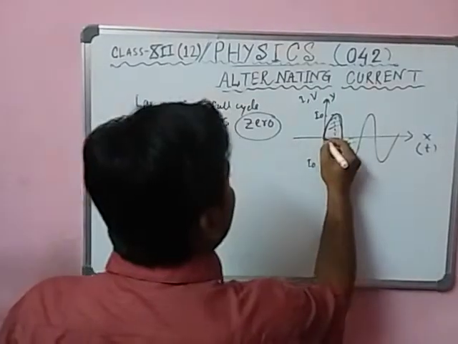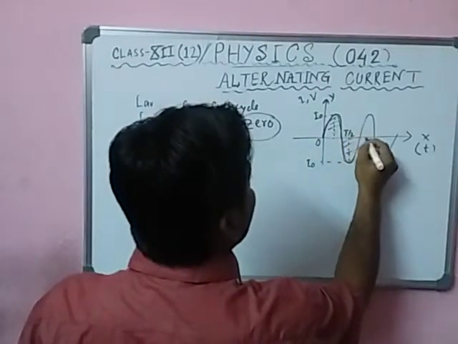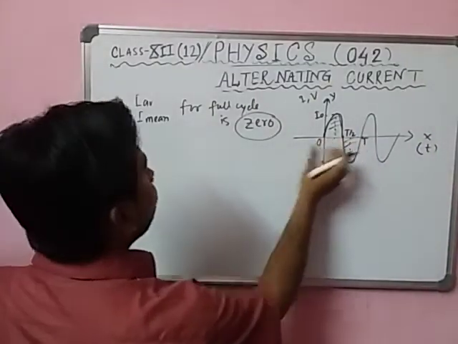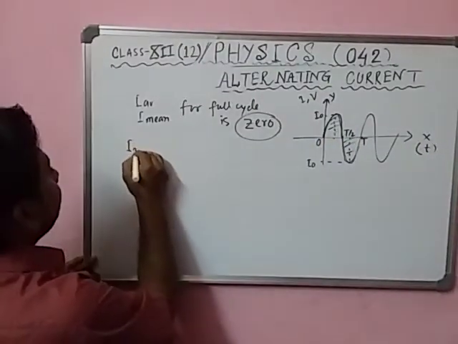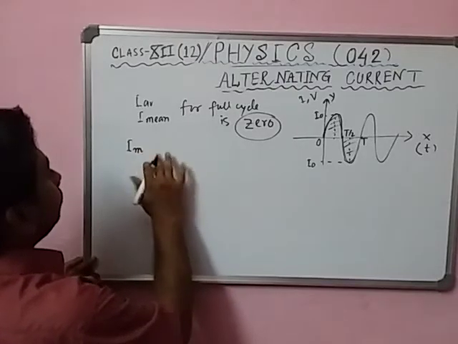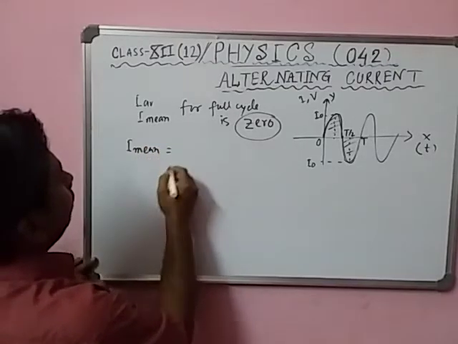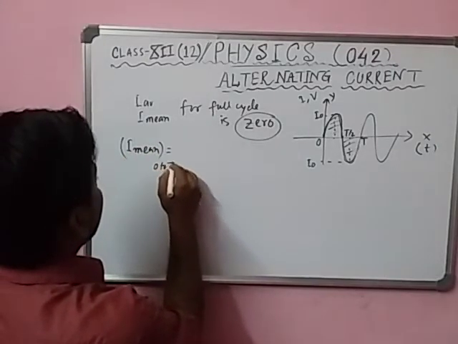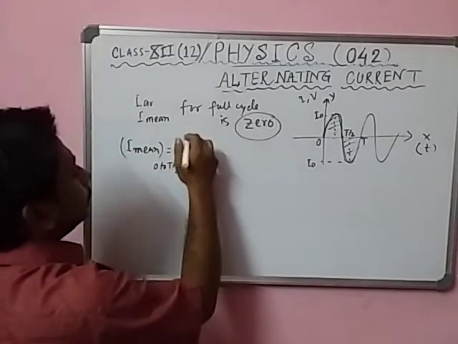Mean value for half cycle means 0 to T by 2. This is for time period T and this is for T by 2. So we can find the I mean over half cycle, 0 to T by 2. How much?